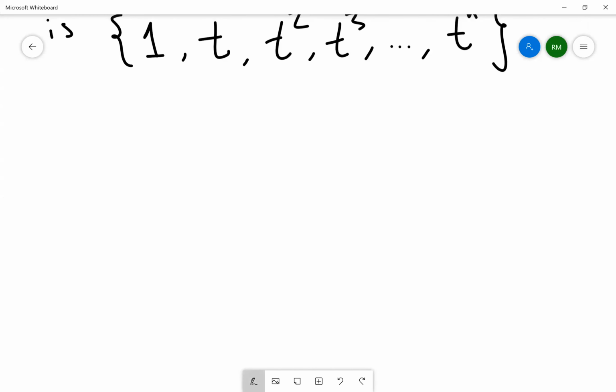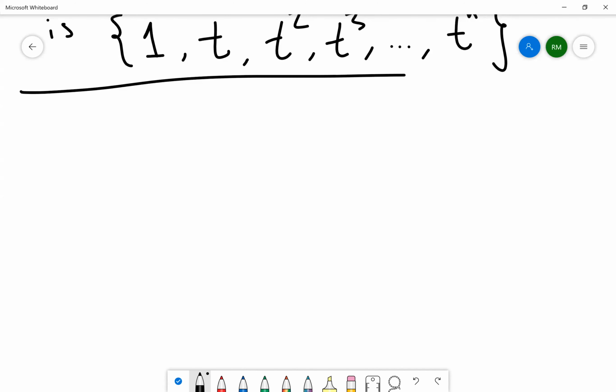So we've seen a lot of bases, and so now it's time for what's called the spanning set theorem.